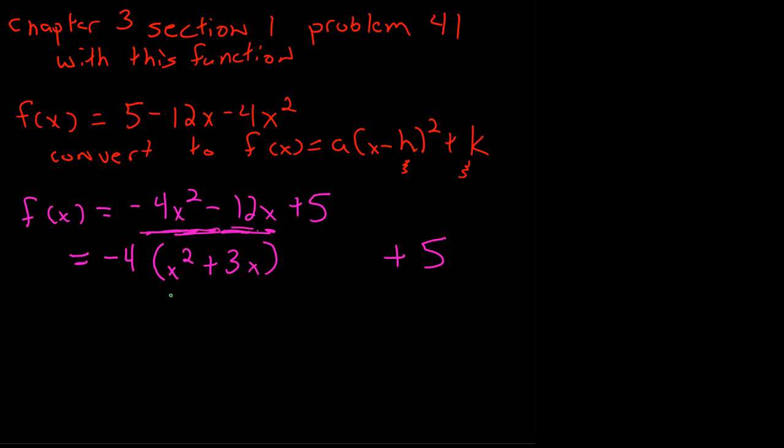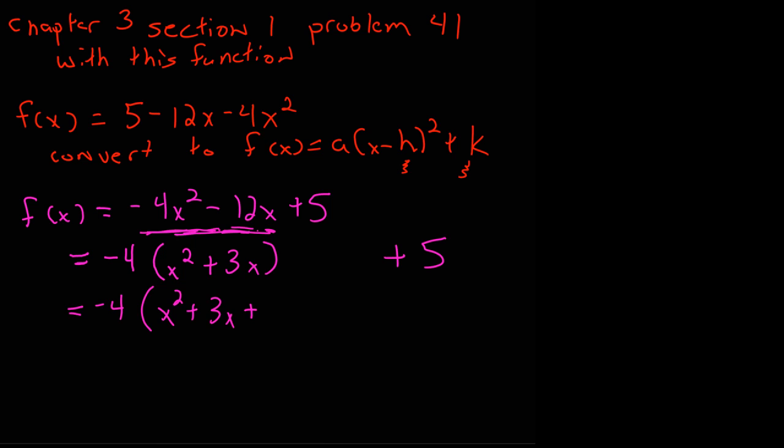This I want to force to be a perfect square, so I can write it in terms of x minus h. So when I complete the square, I take the term to the first power and I half it. So half of 3 is 3 halves. And I square that answer.